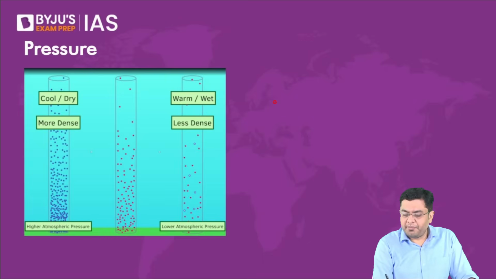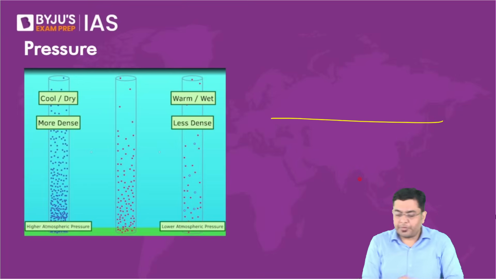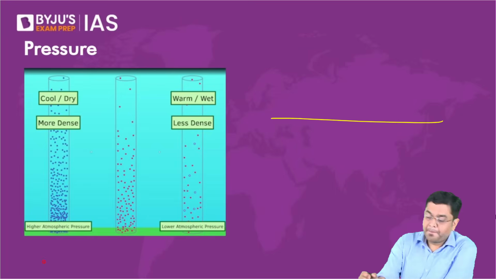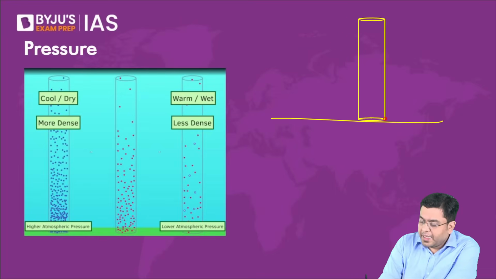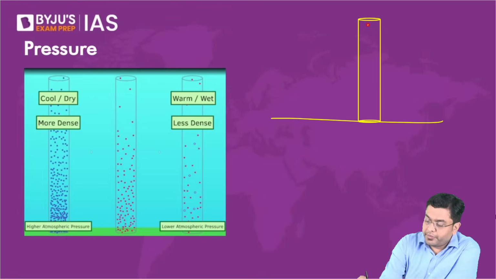Now let us understand this. So for example, we consider the Earth's surface or any ground surface. Now above it, you will have the air. Now the air column will consist of various different gaseous molecules.